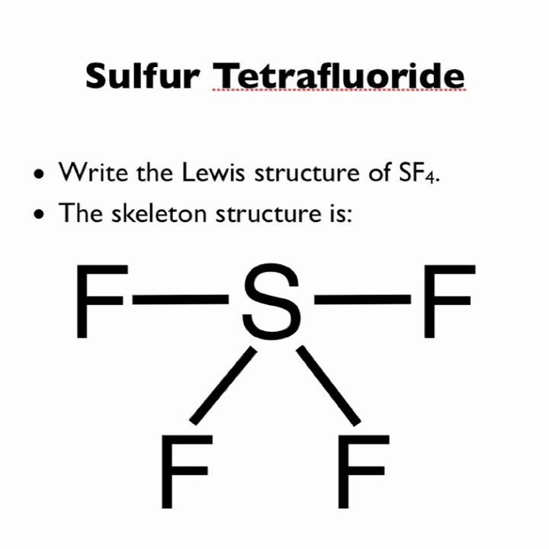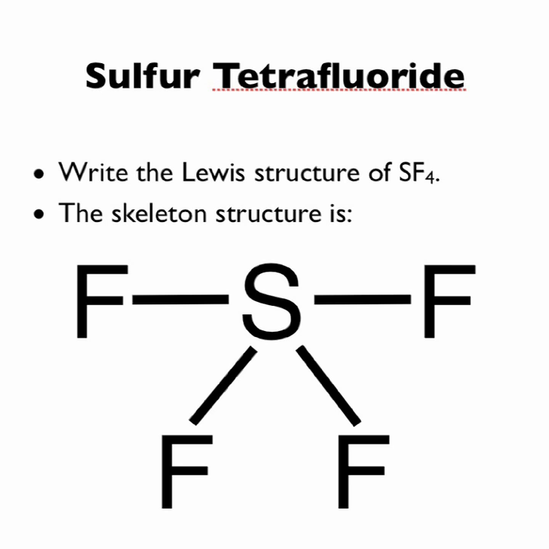Each fluorine has 7. So 4 times 7 is 28. Sulfur has 6. So that means we have 34 valence electrons in this molecule. We've used 8 in the bonds. So that means we have 26 electrons left to satisfy the octet rule.